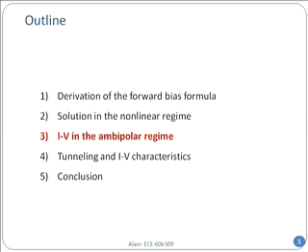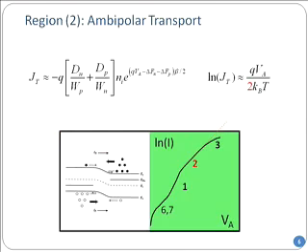Why ambipolar? The word means two polars, right? Previously there was a minority carrier and a majority carrier. When there is no minority and majority, and both play a role, it is called an ambipolar transport regime. Again, only numerical solutions are truly effective, but we can also make some progress based on analytical expressions.